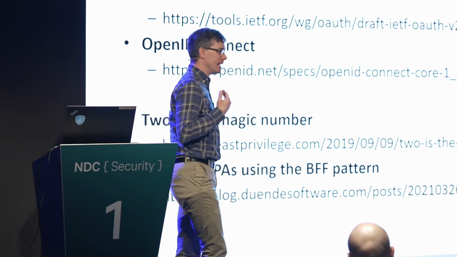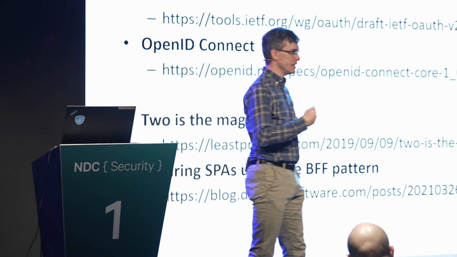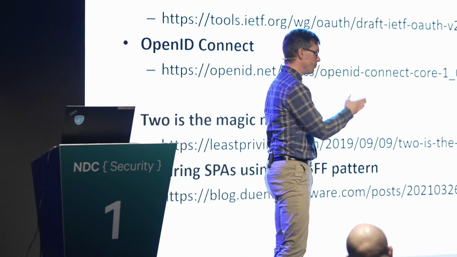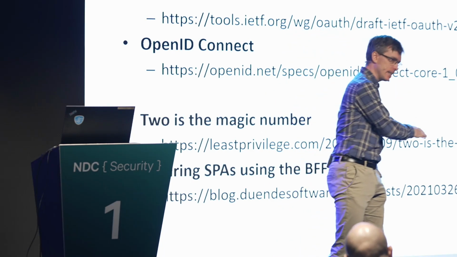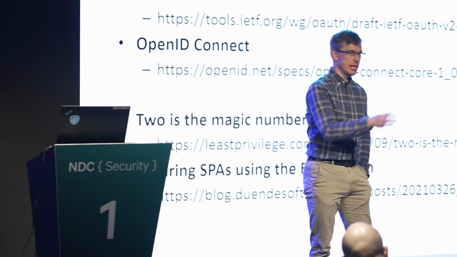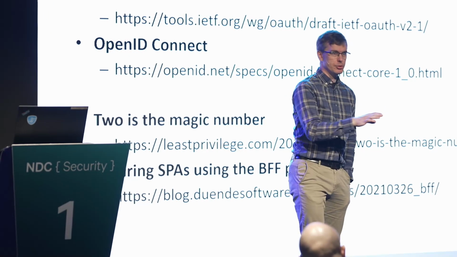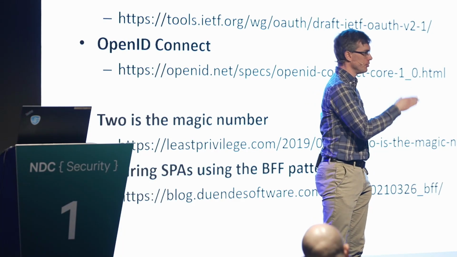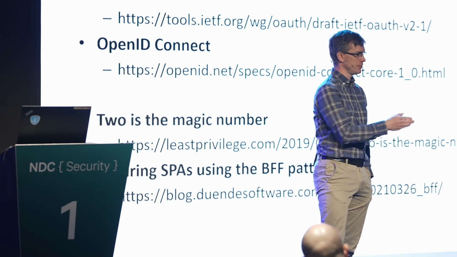So don't introduce scopes until you need them. Don't introduce scopes until you have multiple clients and you want to be able to, on a per client application basis, partition your API. You do not need scopes to have different privileges for different users, because those are user properties.